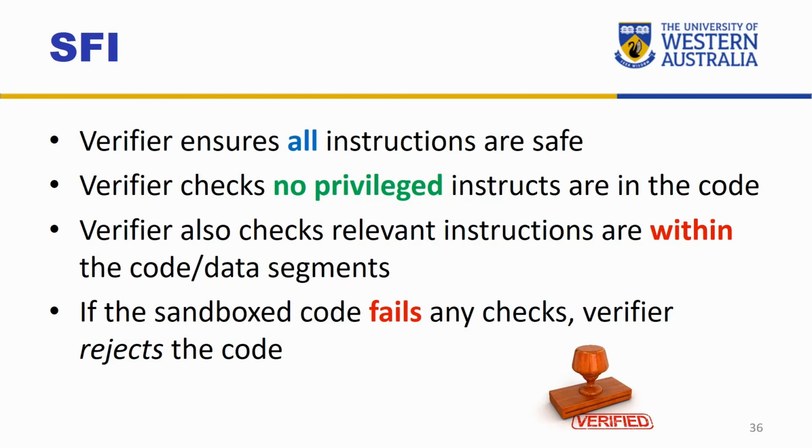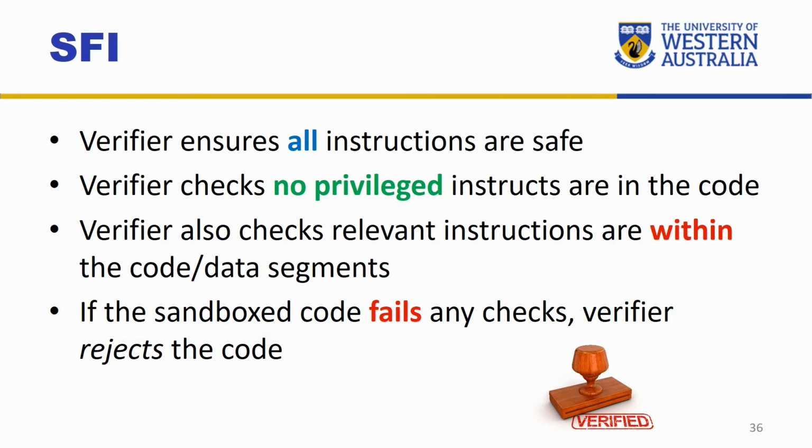So that was one example for the store. We check all the other instructions that are associated with the application, and if it's found to be insecure, then we're trying to add extra secure payloads on top of that. And the verifier also checks no privileged instructions are in the code, as well as that those instructions are within the code and data segments.